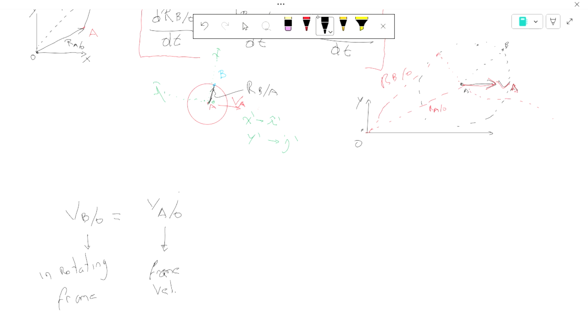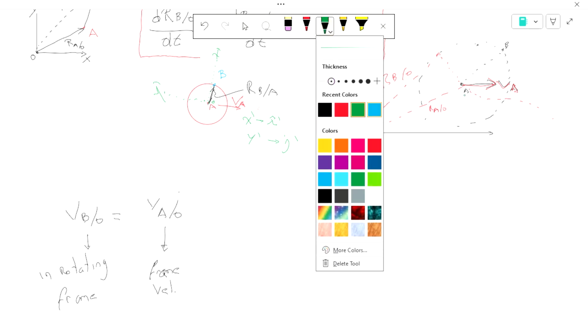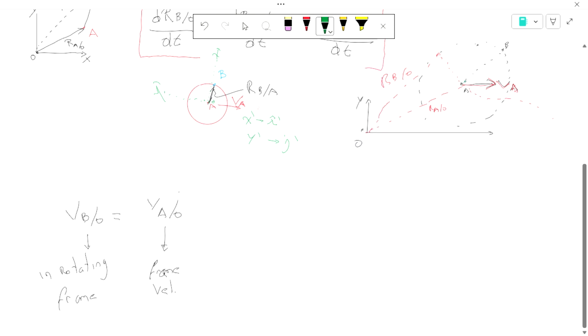Because now our frame, let's go back to green, our frame is the radius formed by that distance B. And this is orthogonal, perpendicular. Okay, so this is the rotating frame right here, X prime, Y prime is the rotating frame.